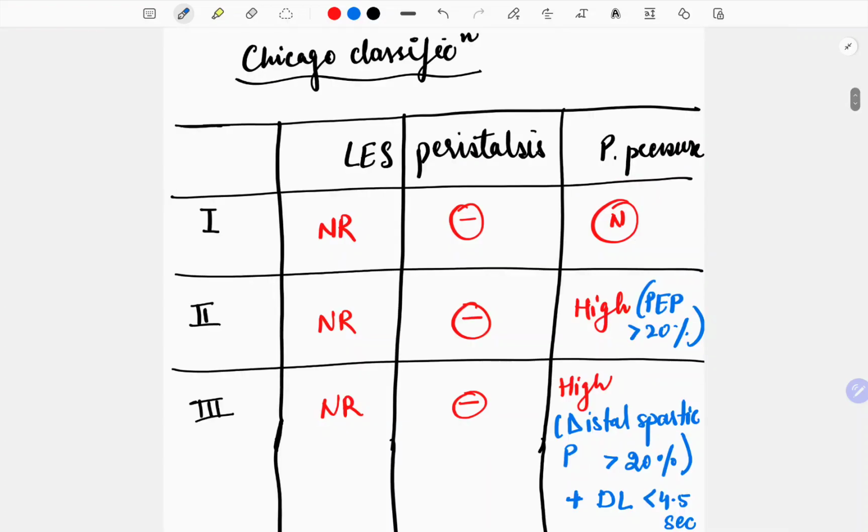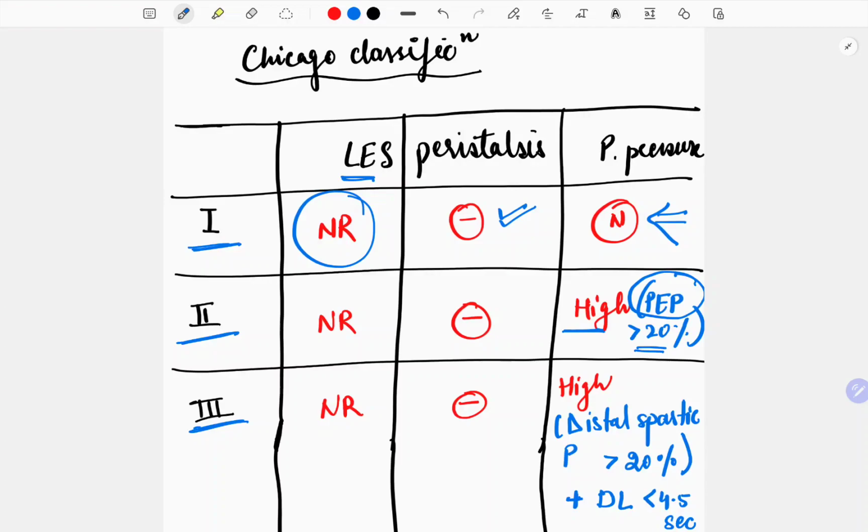Now, as I told you, the Chicago classification is very important, so let's quickly revise it. See, there are 3 categories, 1, 2 and 3. In the first, the lower esophageal sphincter is non-relaxing, the peristalsis is absent, but the pressure is absolutely normal. In the second, the pressure is high, but the pan-esophageal pressurization will be more than 20% of the swallows.